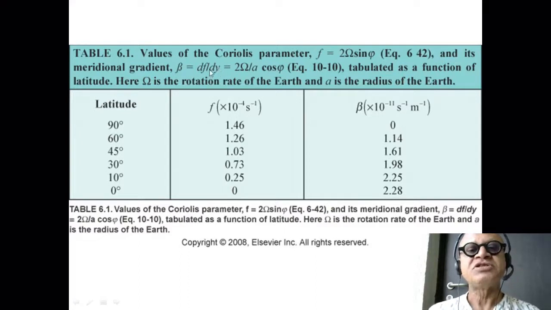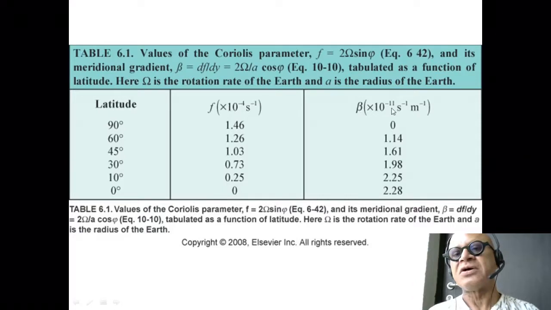Some people use this for a substantial derivative as well, but that can be confusing. So this d is better left to functions that are of only one variable, in which case d dy, you don't need to write partial f partial y, right? So it's just df dy, which is 2 omega over a cosine phi, obviously also non-linear.